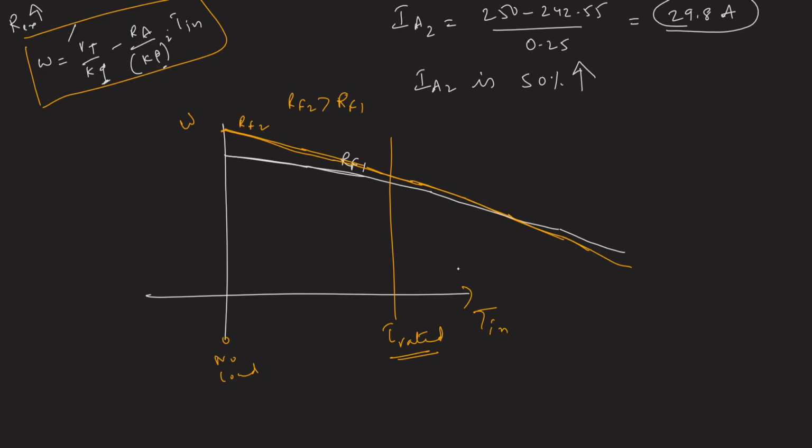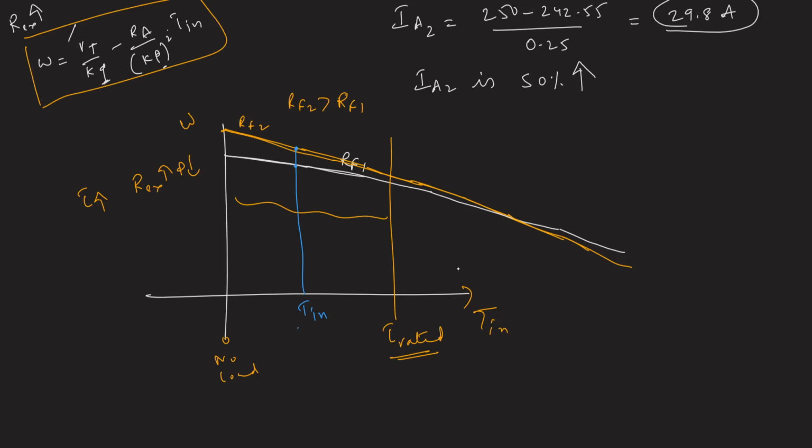But what is happening here, up to here, with the increase in external resistance, flux decreases and torque increases. Torque increases means that for a given torque, earlier it was operating at this point, now it is operating at this point.